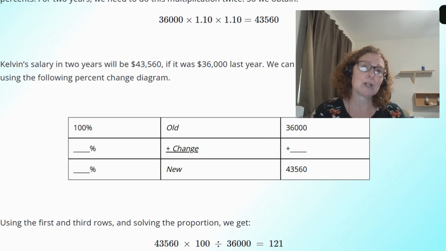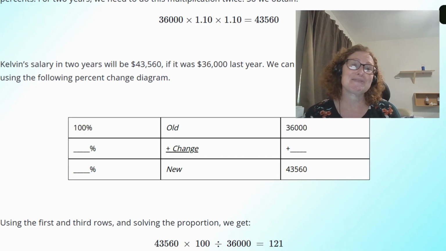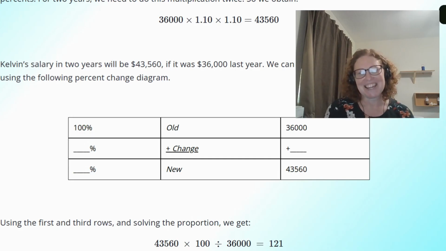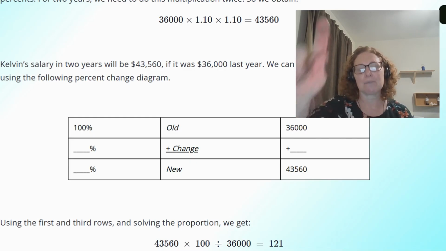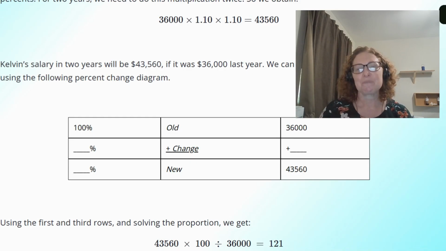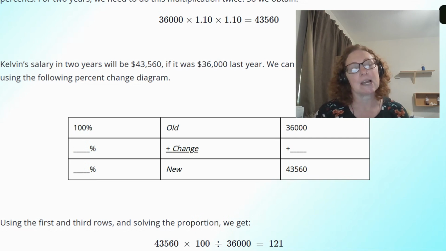We want to know the percent increase. So we're going to set up that handy dandy chart again, the diagram, and we're going to have the old, the change, and the new. The top on the right is 36,000, and the bottom is 43,560.